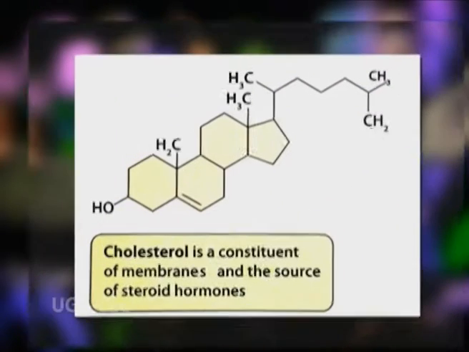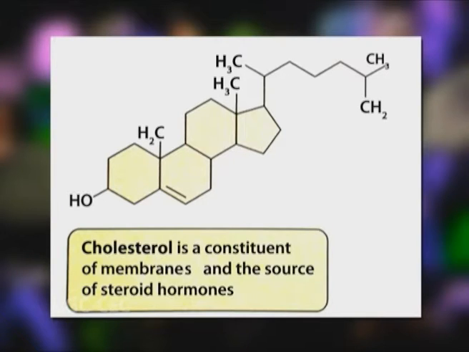The sterols occurring in plants are called phytosterols and those of animal origin are called zoosterols. The most common sterol found in the animal world is cholesterol, which is encountered in the architecture of cell membranes where it lends rigidity to the cell membrane.